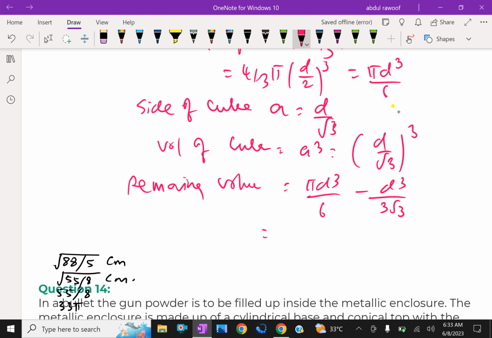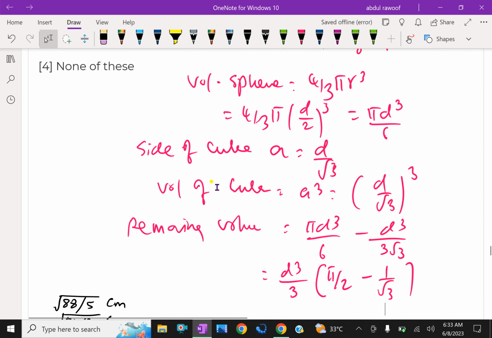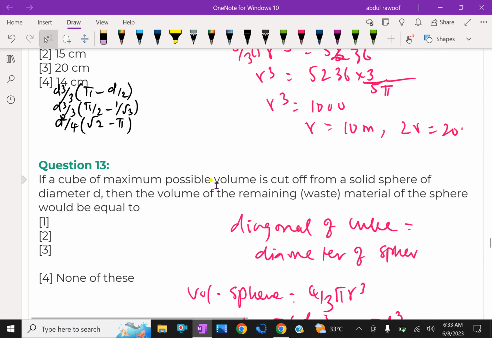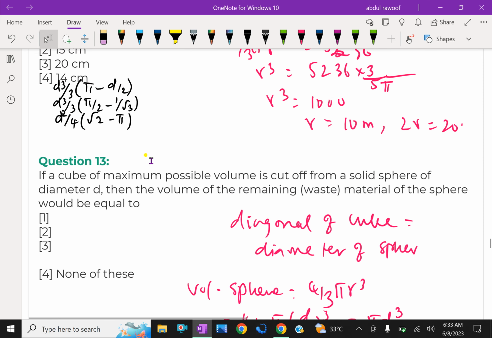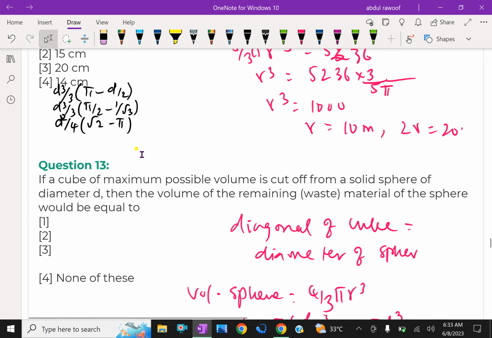So we take out d cube by 3, which gives pi by 2 minus 1 by root 3, because 2 into 3 is 6. That is d cube by 3 times pi by 2 minus 1 by root 3. This is option 2.